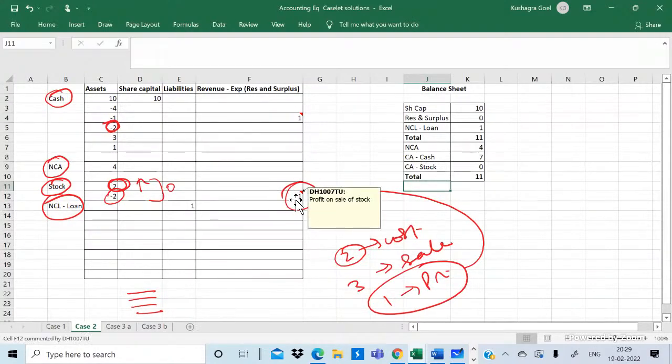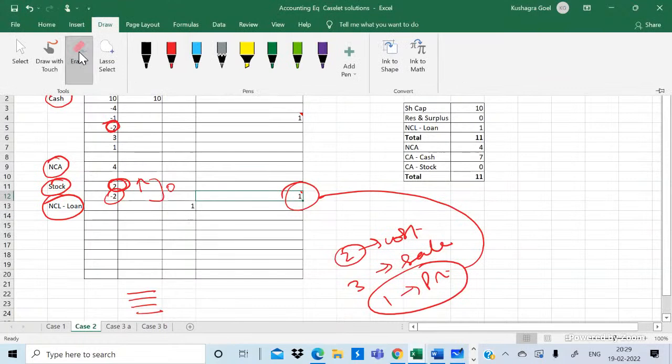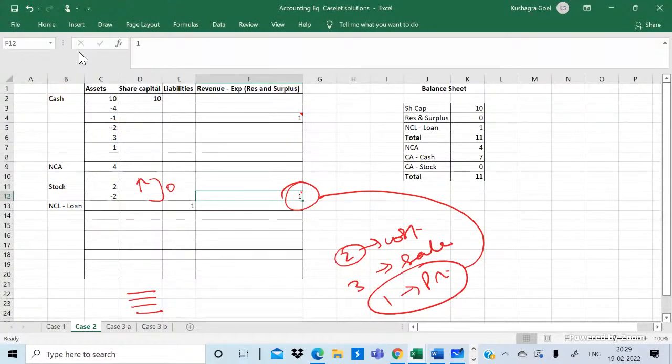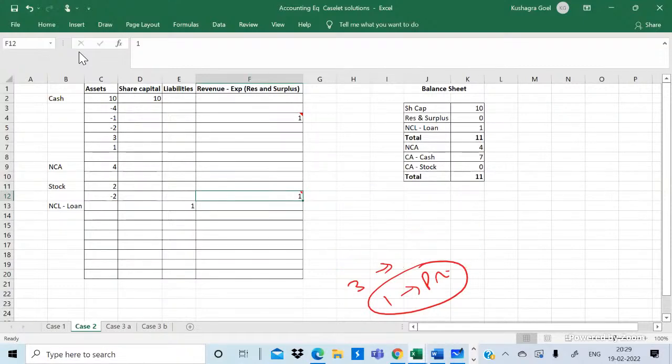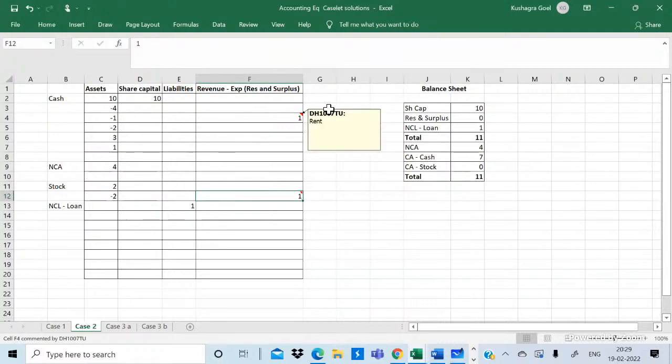So sale of stock. So that's this 1 lakh. Any other question? Any doubt with the accounting equation before, let's say, you move to the balance sheet?